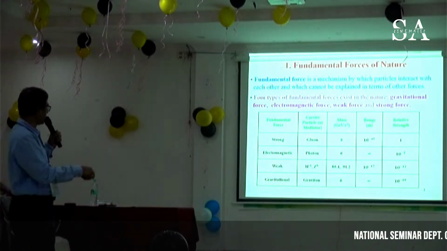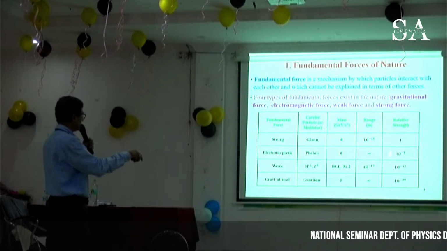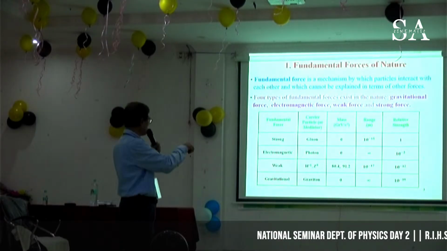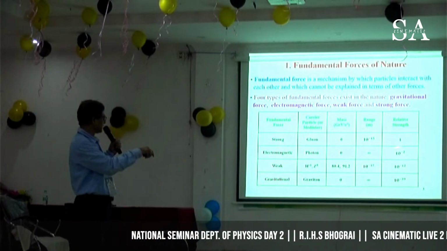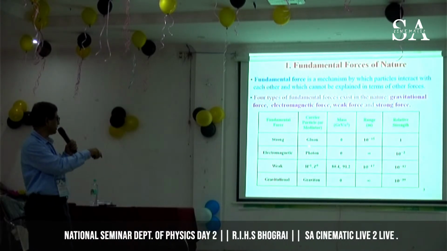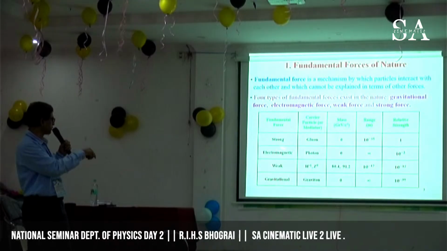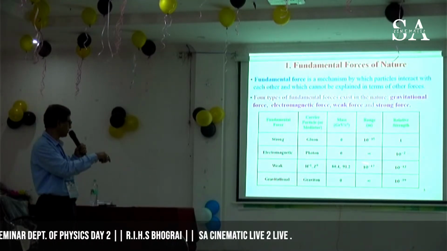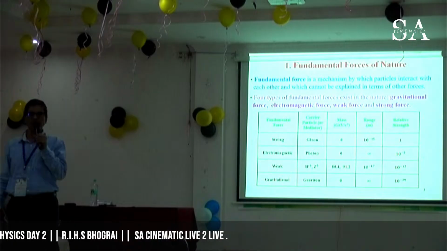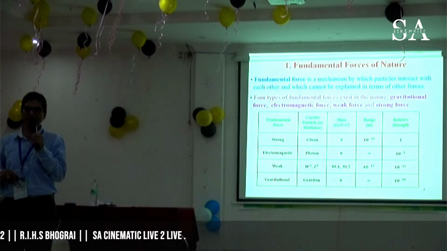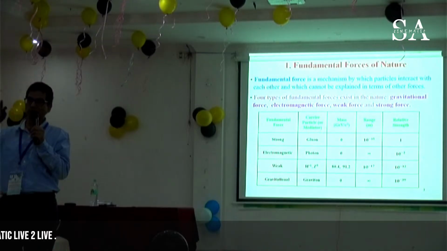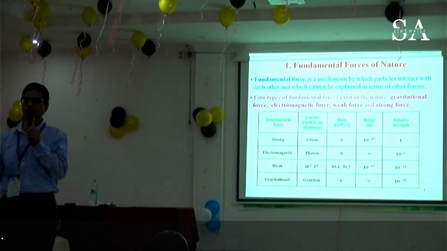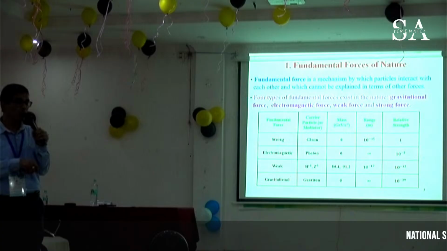Here you can see the fundamental forces. I have arranged them according to their strength. If we consider the strength of the strong force as 1, then the electromagnetic force is 10 to the power minus 2, the weak force 10 to the power minus 12, and the gravitational force 10 to the power minus 39. From this data, it is clear that the strong force is the strongest and the gravitational force is the weakest fundamental force.